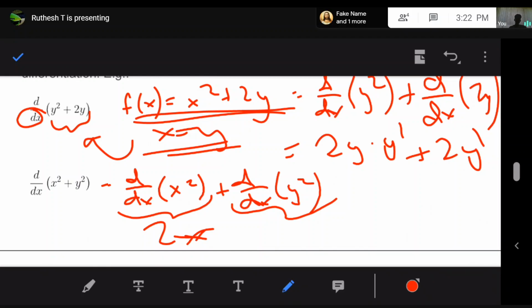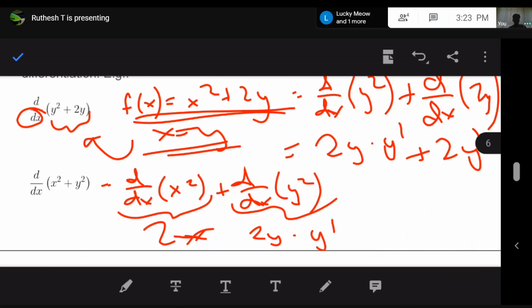So we take the derivative of the outer function, so that's 2y, and then multiply it with the derivative of the inner function, which is just y, so y prime. And yeah, that's basically it.